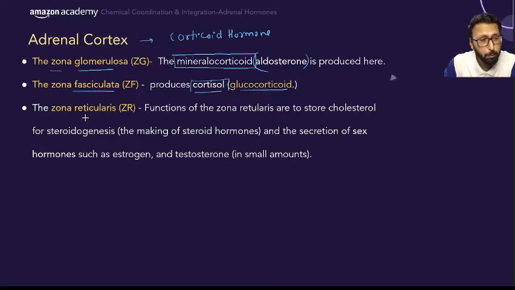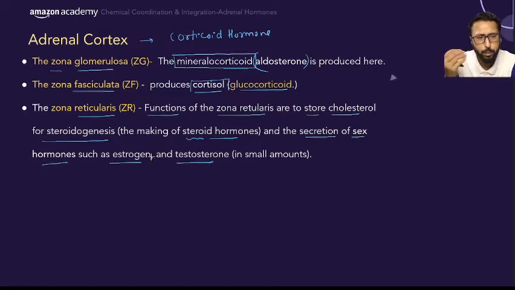Now the innermost layer, zona reticularis, functions to store cholesterol for steroidogenesis, meaning formation of steroid hormones, and secretion of sex hormones such as estrogen and testosterone, but in small amounts, because these hormones mainly come from the gonads, that is testes in males and ovaries in females.